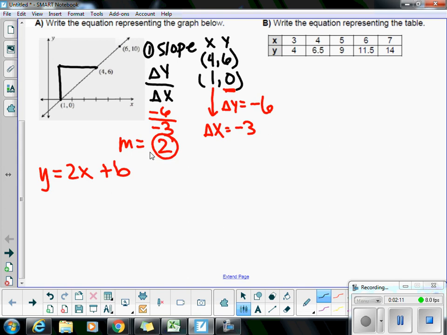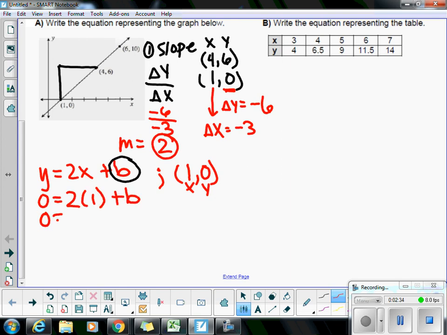Right now, b is our big question mark. We don't know what b is. So I'm going to use one of the points from the graph and plug it in. I'm going to use the point (1, 0), and plug in for x and y. So 0 equals 2 times 1 plus b, and then I'm going to solve.